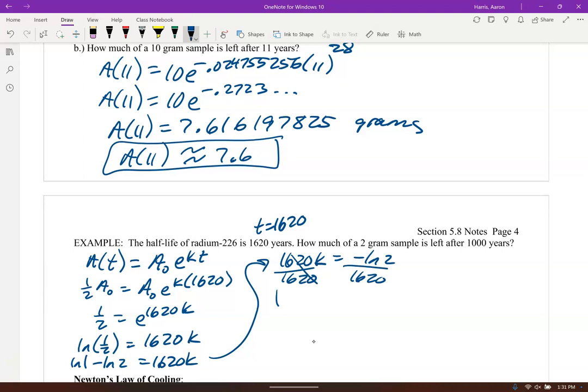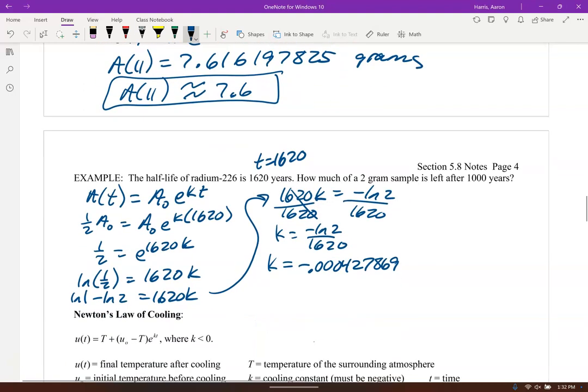And that's our k. Negative ln of 2 over 1620. Negative ln of 2 divided by 1620. So negative 0.000427869, blah, blah, blah. That's our k. So now we can write it.